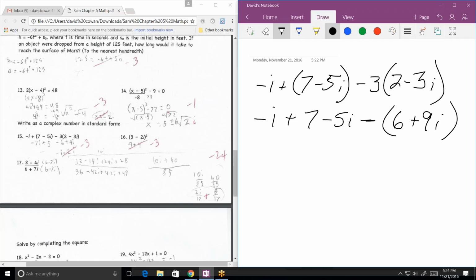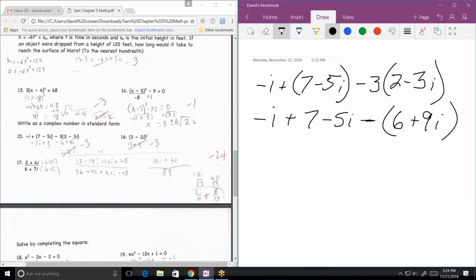And you kind of have to see this by going back a step and noticing that what you've written is not the same as what you started with. Take the start, distribute the minus 3, you get plus 9i, right? Yeah.